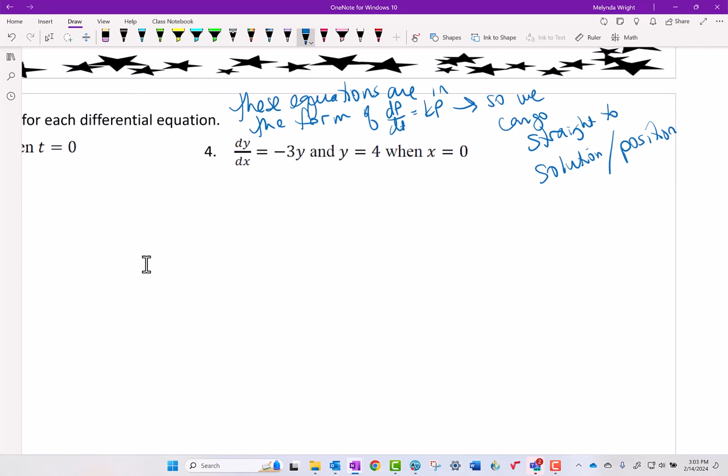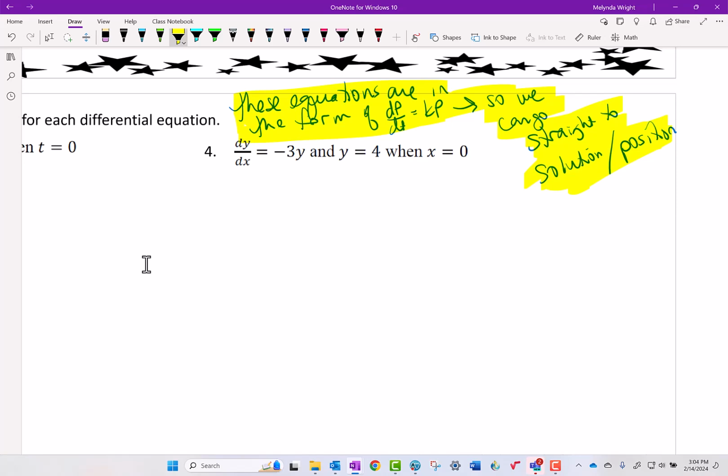I'm going to say that one more time. So these equations are in the form of this dP over dt equals kP. So we can go straight to the position or solution. We do not have to do the antiderivative and go forward. Now you can if you want to. You'll just get to the same place that we're getting ready to go, just a little bit slower. But you totally can if you want to. But I'm going to show you how to navigate through this and go straight to the position.